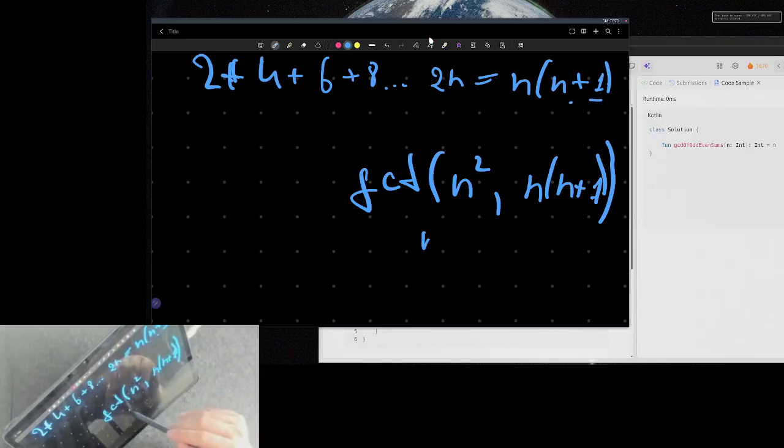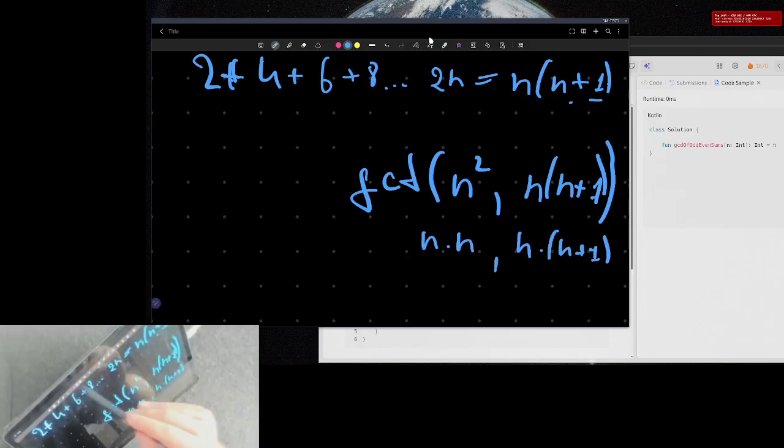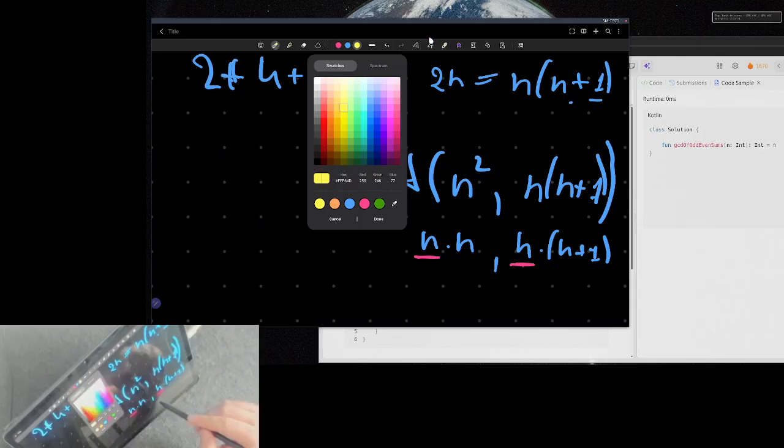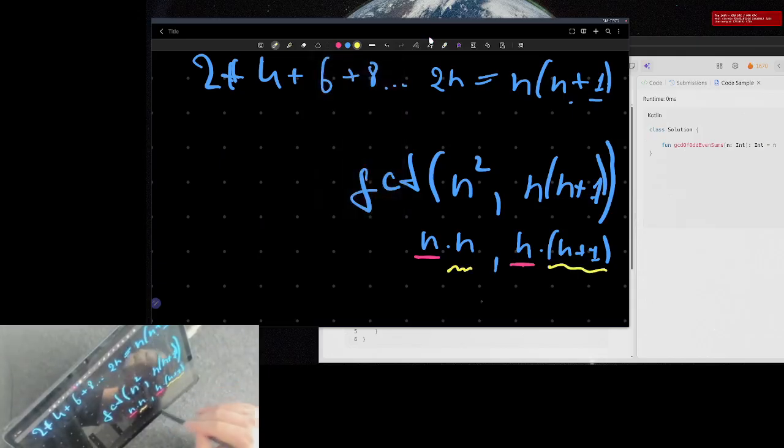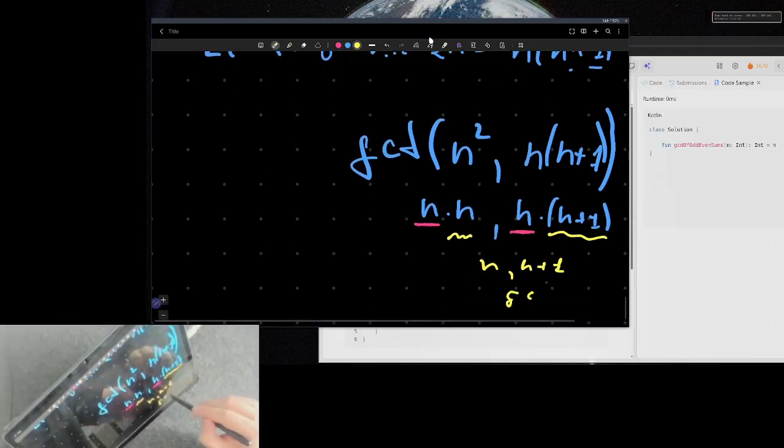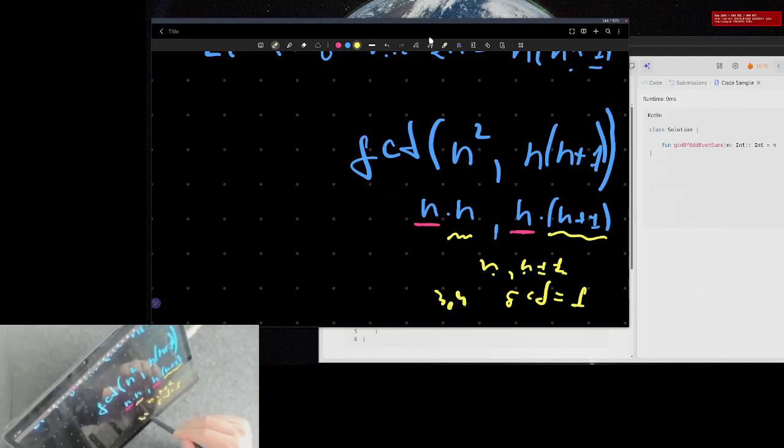This is n times n, and this is n times n plus 1, and we can see that n is the common divisor, but is it the greatest? It is the greatest because the other part is the consecutive n plus 1, and their GCD is just 1, because they're consecutive numbers, like 3, 4, they always have a GCD of 1.